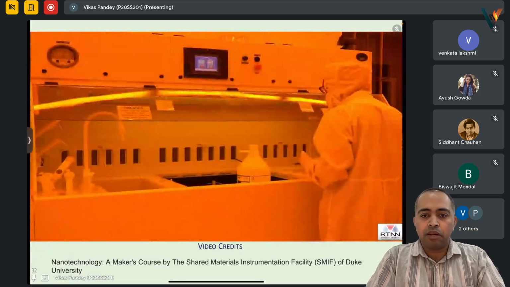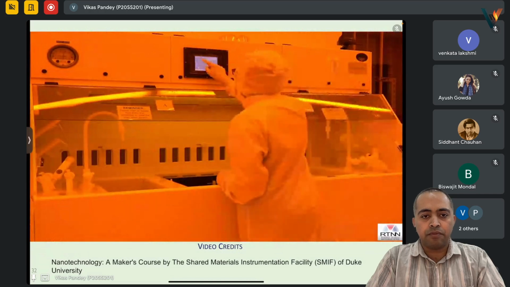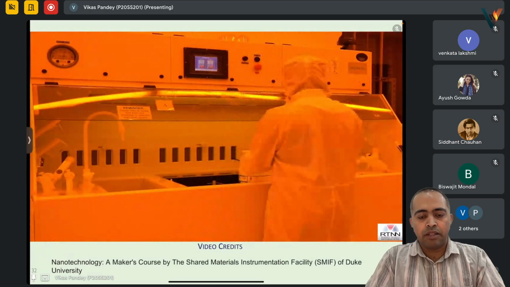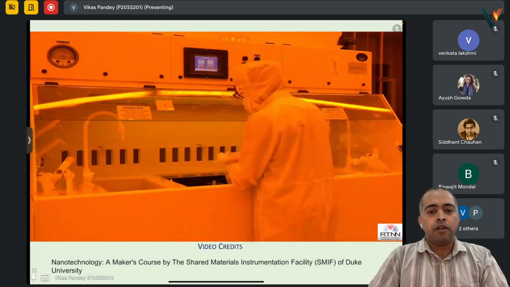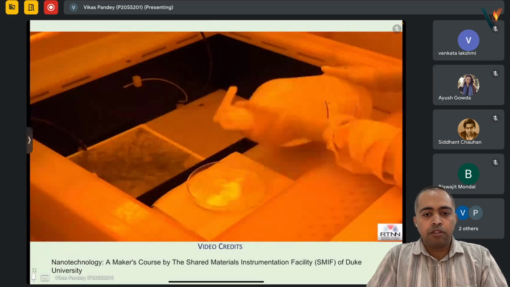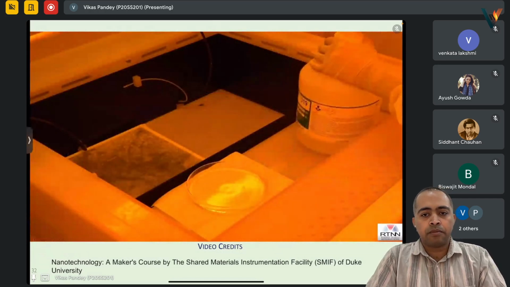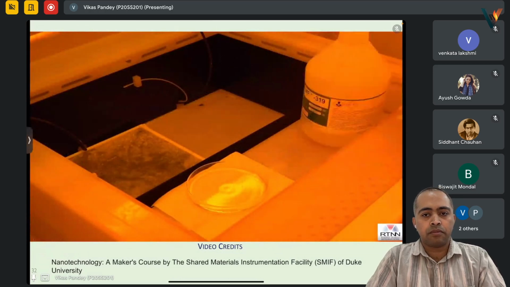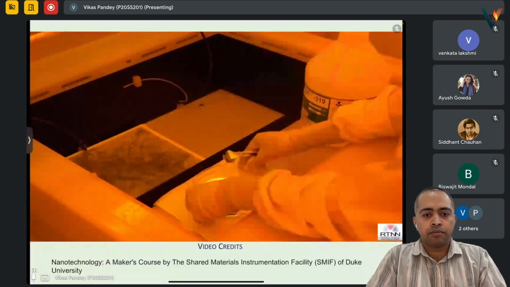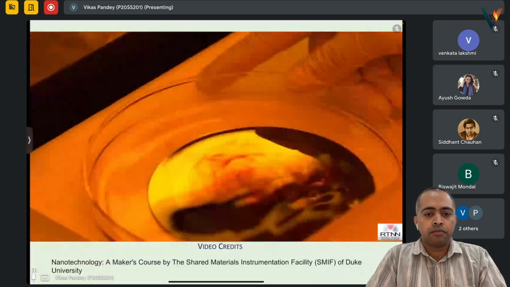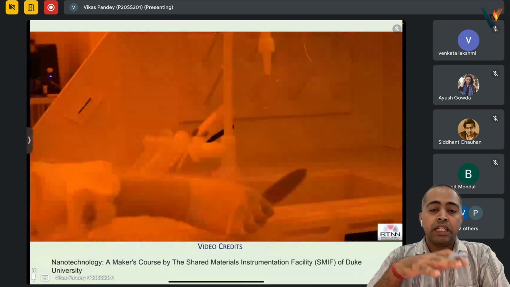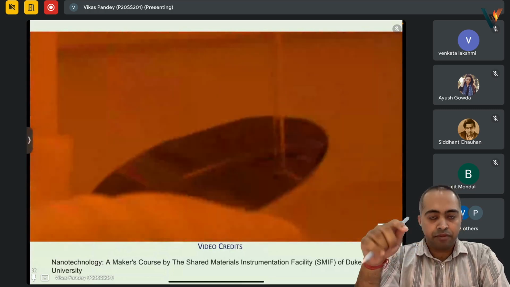Then it will be developed, just like film development in the old days, analog films. In the developer solution, this will be put, and that will remove the area that has the exposure.